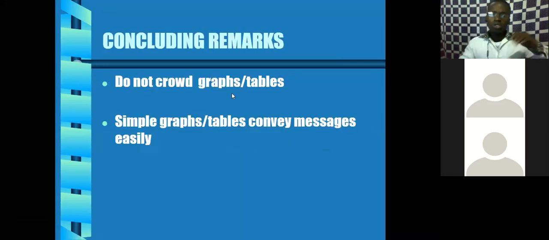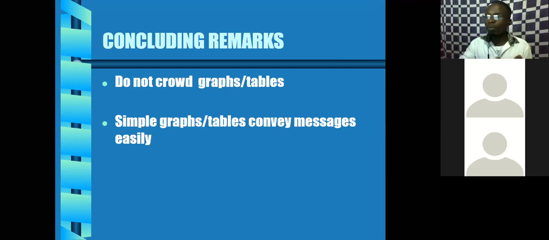All right. So now, in conclusion, we should understand that we do not need to crowd these graphs. Simple graphs or tables convey messages much more easily. Let me also give some general rules about these graphs and tables.